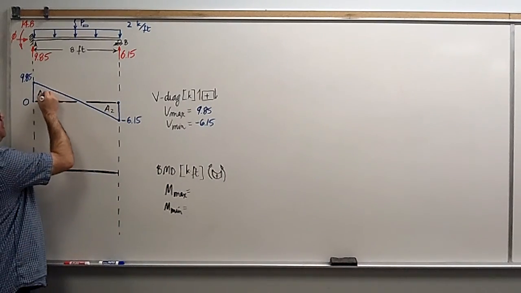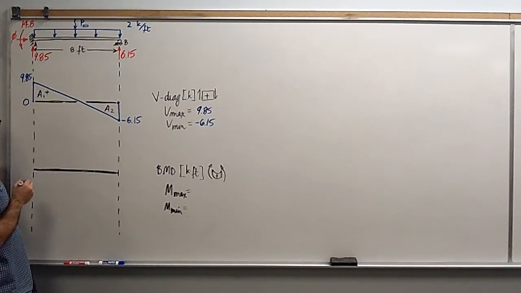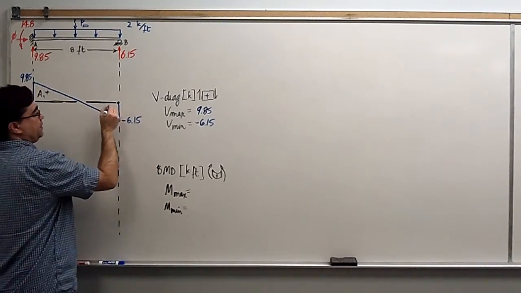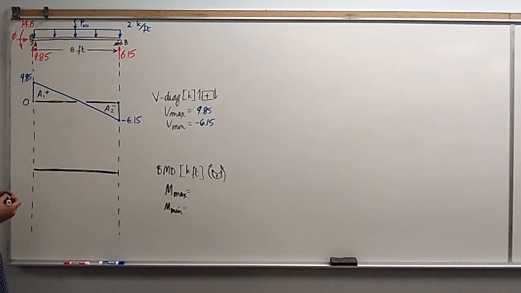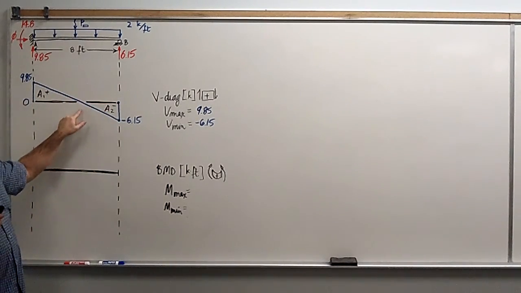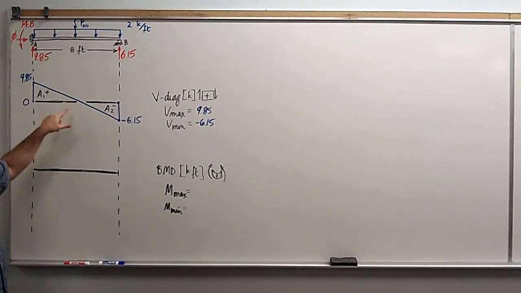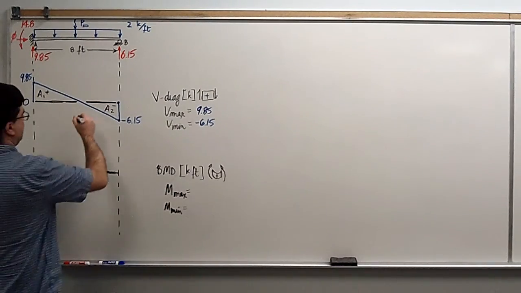I also remind myself that area 1 is going to be positive, because all the dimensions are positive, and area 2 is going to be negative, because this dimension, that height, is negative. Also, remember from class, wherever the shear diagram passes through the beam, we have to drop another line there, because it's something special for the bending moment.